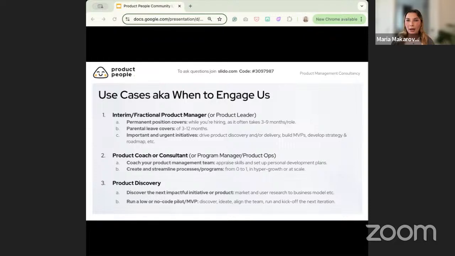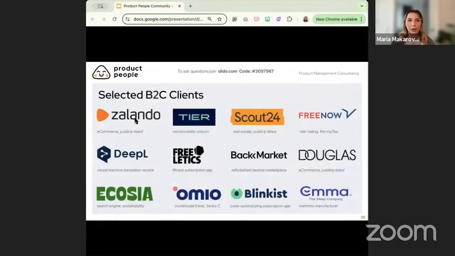And moving on, we also work with a ton of different companies and industries, and we work with both B2C and B2B. On this slide, you can see some of our clients that we worked with in B2C. For example, Zalando, Tier, Freenow, Depot, Omio.